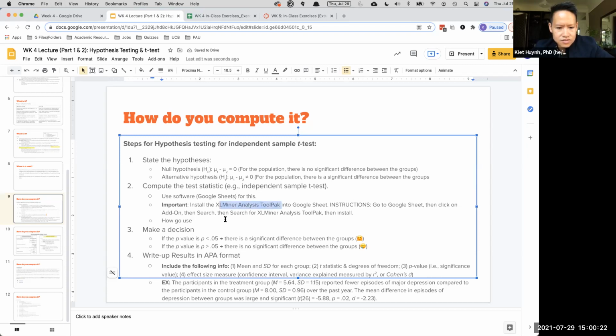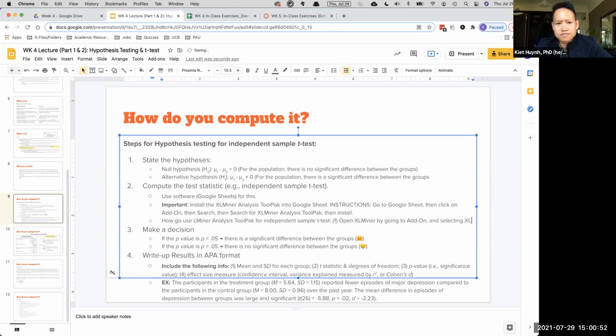Explainer in the example. One, open XLMiner, go to add-ons, select it.